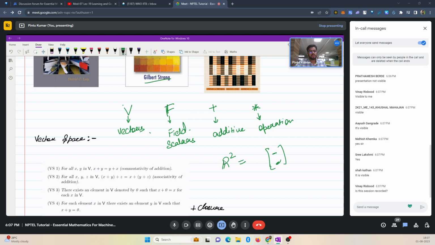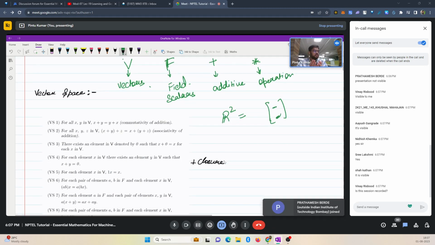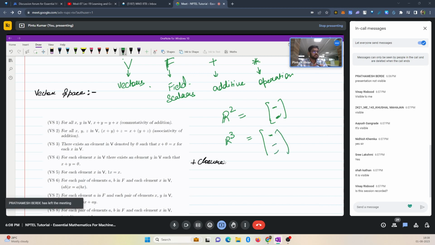We want to generalize this notion of R2 and see what is meant by a vector space. So we want to study structures similar to R2 or R3, three-dimensional vectors. We want to generalize the study of these kinds of spaces, for which we come up with the definition of a vector space.